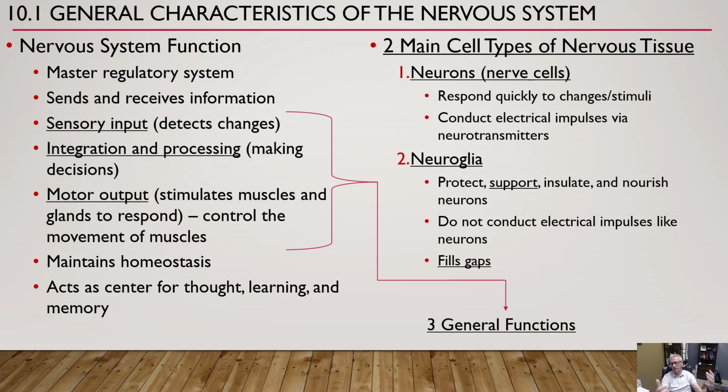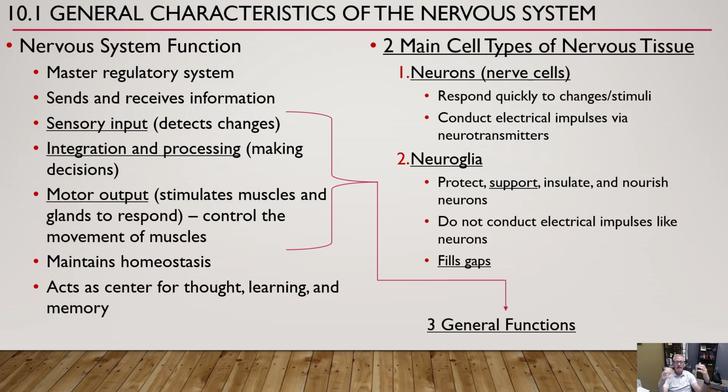It detects any changes that are going on. It looks at our blood sugar level, our thyroid level. What is our red blood cell count, white blood cell count? What's the temperature going on? It detects those changes, and then it sends that information to the spinal cord and the brain.